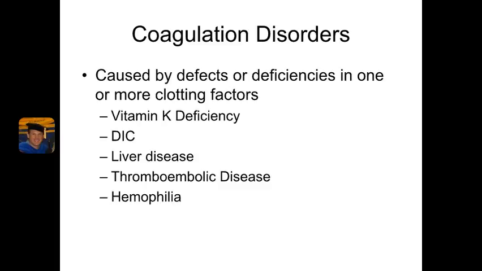And then we have hemophilia. Hemophilia is when you're missing genetically the ability to make one or more clotting factors. The most common form of hemophilia is associated with sex-linked reproduction, so it's on the X, not the Y. If you remember your Punnett squares, what that means is the woman is typically a carrier who passes it along to her son.